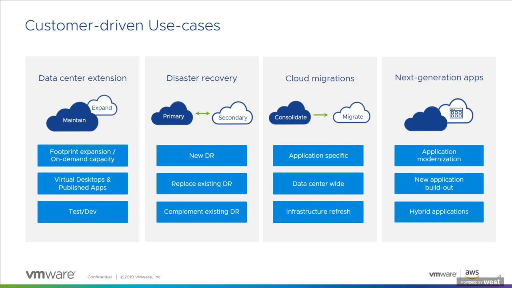With cloud migrations, customers can accelerate their adoption of cloud services without having to look at refactoring the application or rebuilding it fresh inside native AWS. And this is the ideal use case for customers who have app specific migrations. They have a specific application that they want to migrate into public cloud due to potentially business requirements.